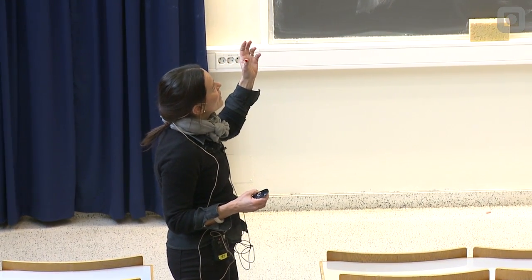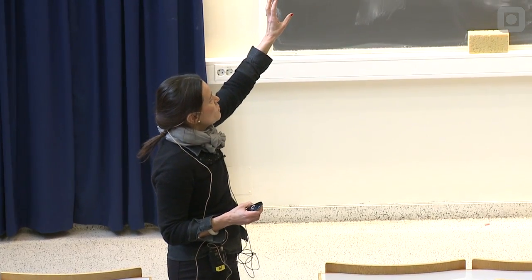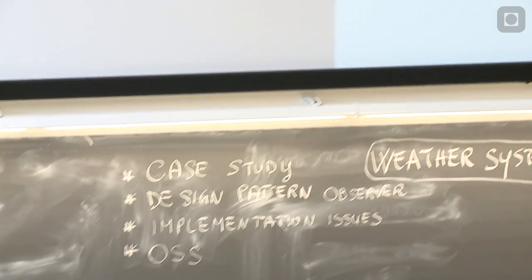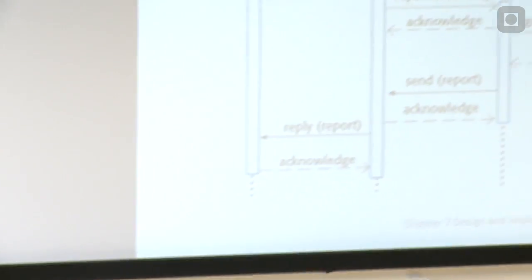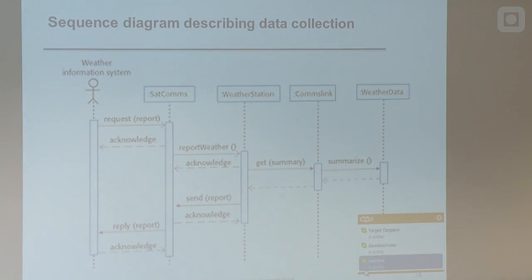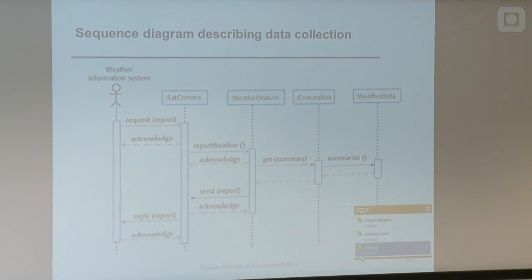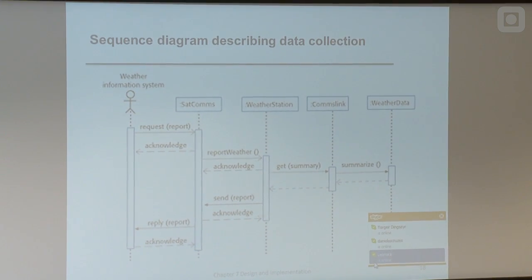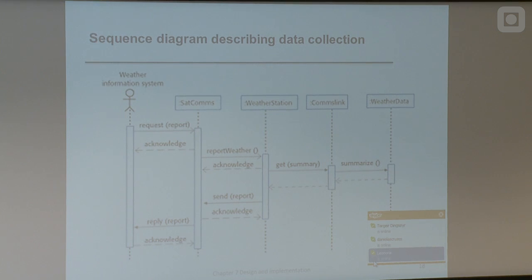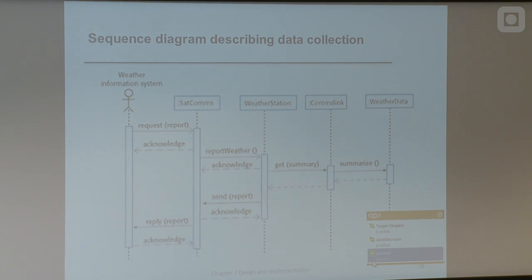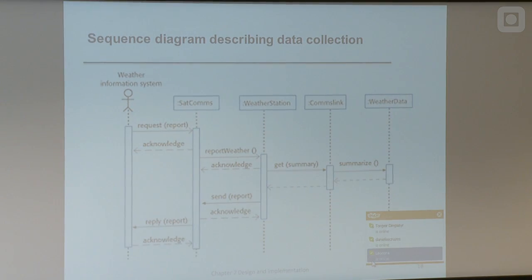We have 5 objects, the first one being the weather information system, the external system, and the other one being an object of type satellite communication, an object of type weather station, an instance of the object we have been writing on the blackboard, an object called communication link, and an object of instance weather data.